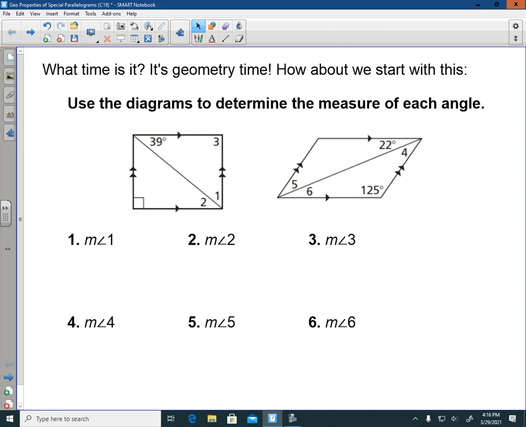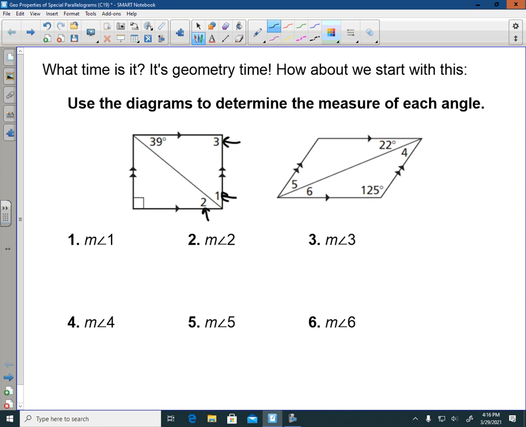So let's take a look at this problem. It looks like there's a diagonal running through, and what we want to find is the measure of angle 1, which is here, the measure of angle 2, which is there, and the measure of angle 3, which is there. I'm not really sure what 1 and 2 are yet, but I know the measure of 3.